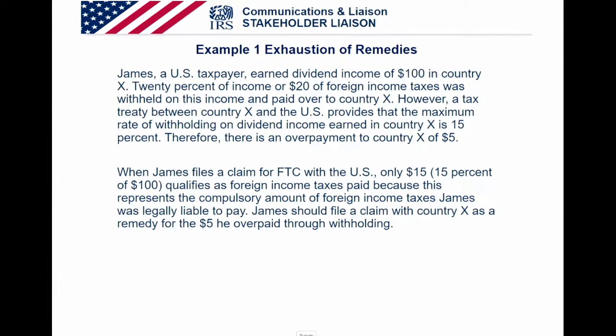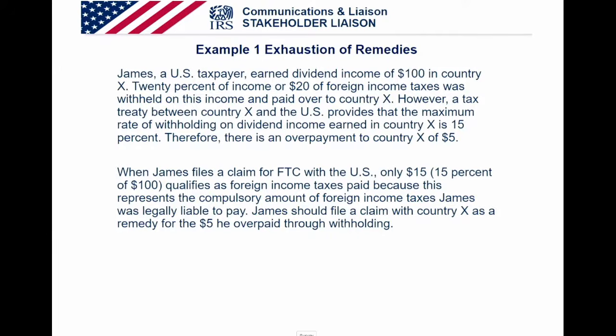Now we have another example. So James, in example 1, claims the benefit of the treaty by filing for a refund of $5 with country X. The claim is rejected by country X. So James then invokes the competent authority procedures of the treaty, the cost of which is reasonable in view of the amount at issue and the likelihood of success is good.